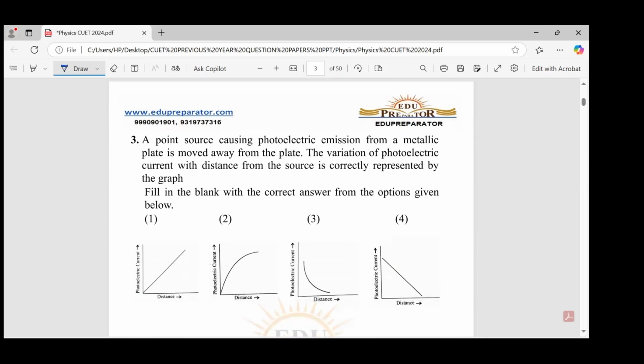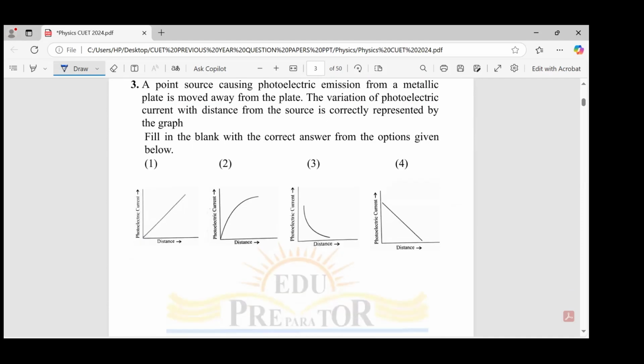Now, this question involves the photoelectric effect, and we have studied that the current depends on intensity, and intensity, as we know, is inversely proportional to the square of the distance, and current is directly proportional to intensity.